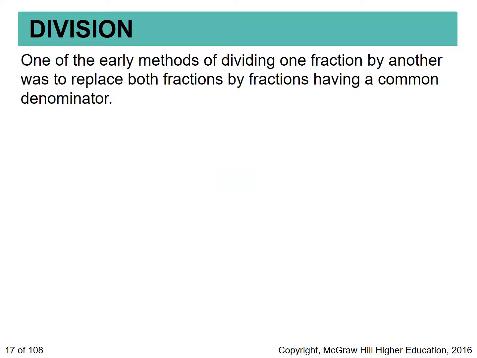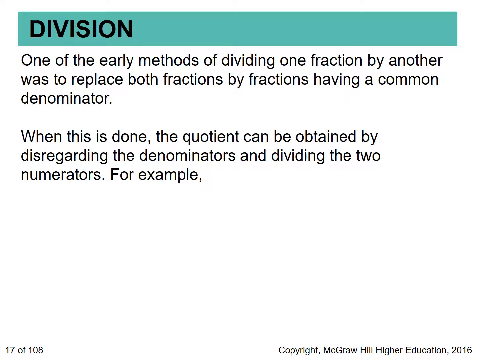So one of the early methods of dividing one fraction by another fraction was to get a common denominator, which we do when we're adding and subtracting fractions. And when this is done, then you can find the quotient just by not paying any attention to the denominators. You can just divide the numerators.